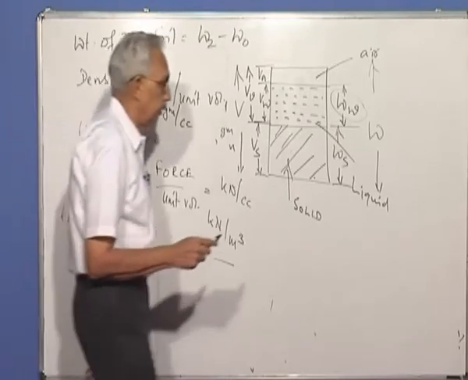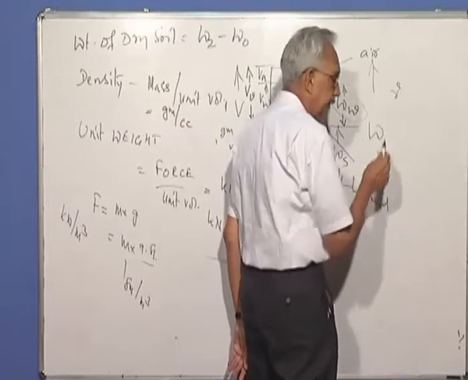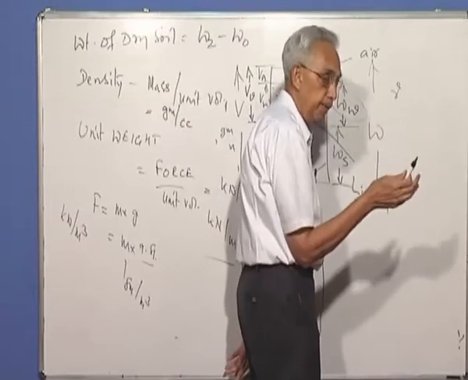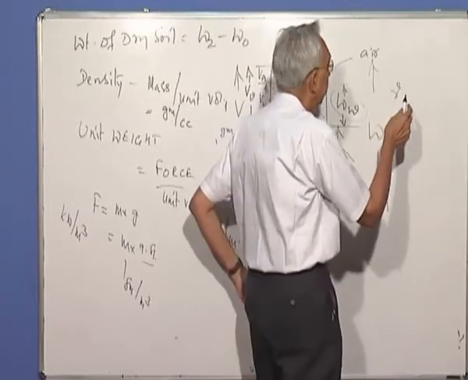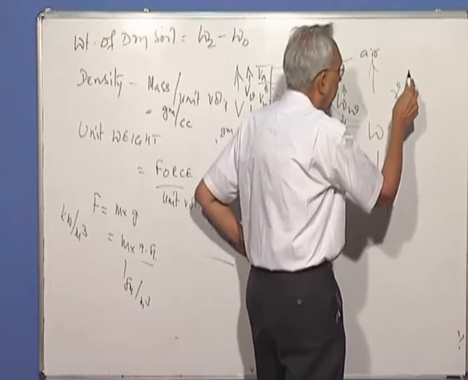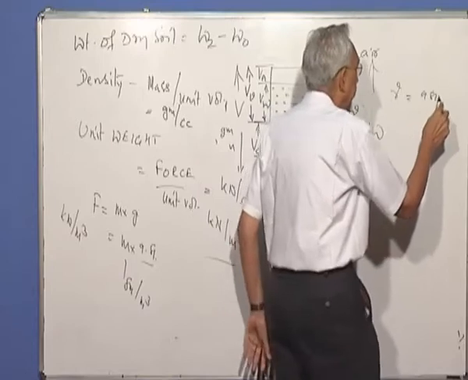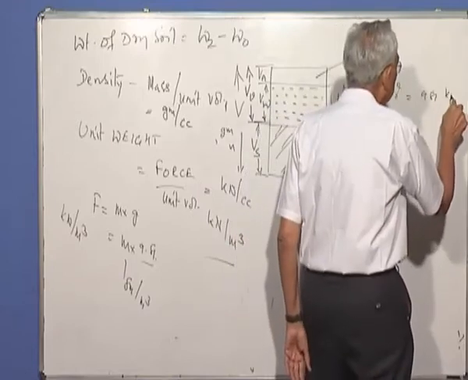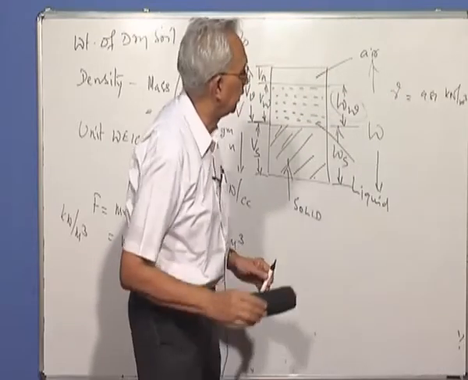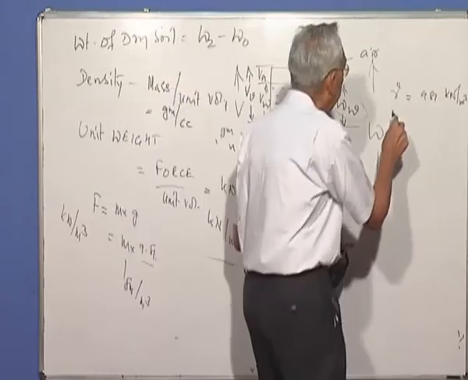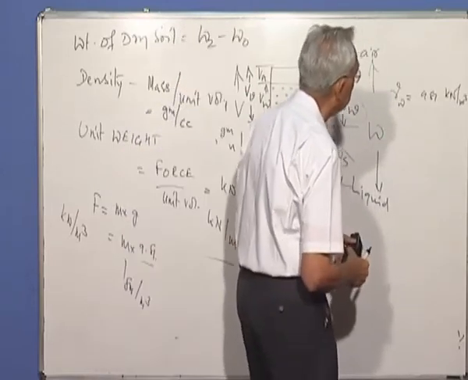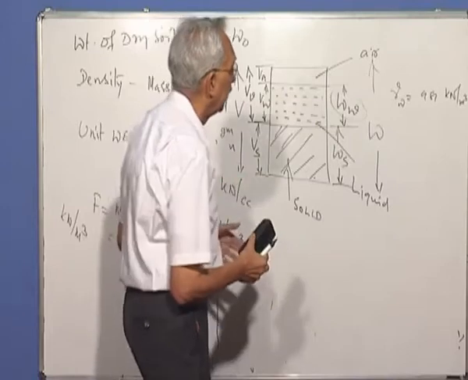And please remember, the density of water we normally take as 1000 kg per meter cube or 1 ton per meter cube, and this will be equal to 9.81 kilonewtons per meter cube. So please remember that we start with water, and am I right? 9.81, 1000 grams, so 1 kg.